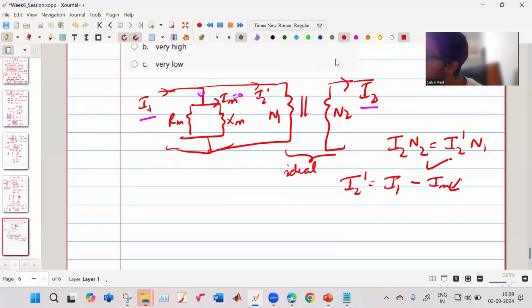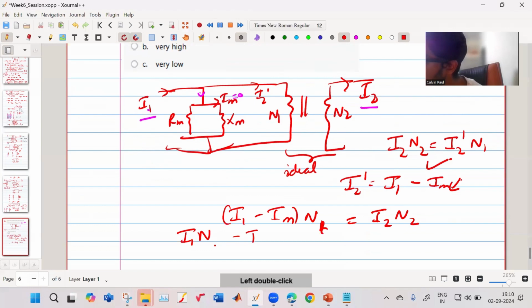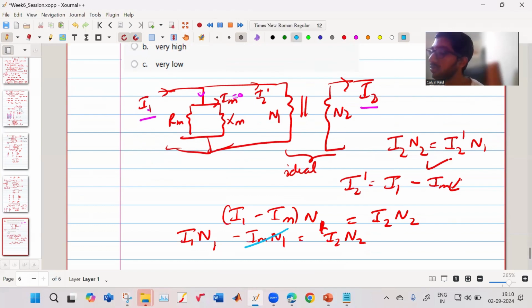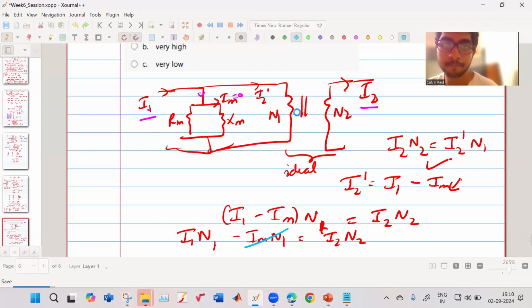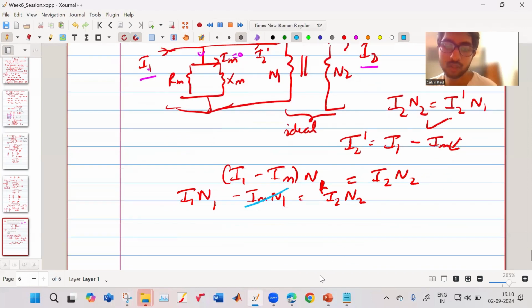So effectively we get (I1 minus IM) into N1 is equal to I2 N2. So we get I1 N1 minus IM N1 is equal to I2 N2, but we don't want this. So this is what is causing the issue. So if we reduce the magnetizing current to be as low as possible, then I1 N1 will be equal to I2 N2. Okay. So we'll go to the next question.